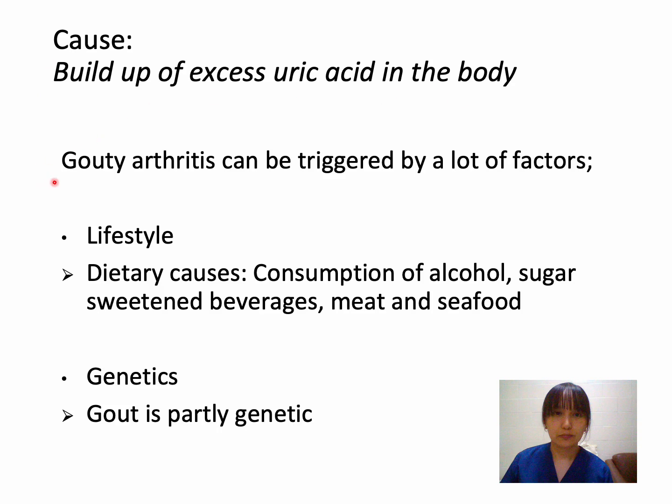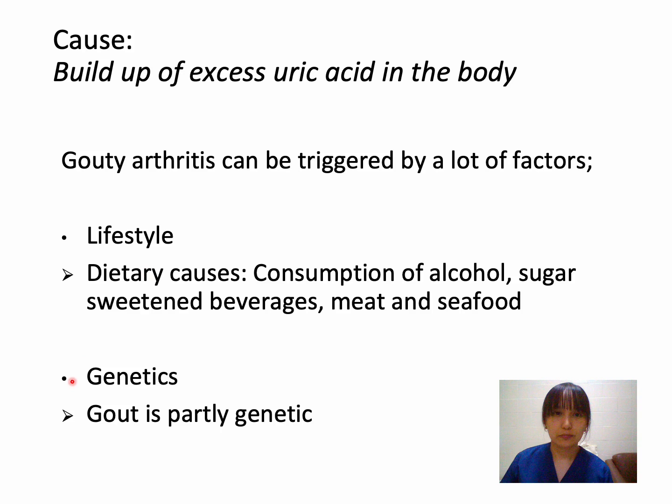Gouty arthritis can be triggered by various factors, which include lifestyle and dietary causes such as alcohol consumption, consuming sugary drinks, sweets, and high fructose syrup. Also, the increased consumption of purine-rich foods such as organ meats, game meats, red meat, certain seafood, turkey, gravy, and meat sauces. Genetics is also another factor that can trigger gout.